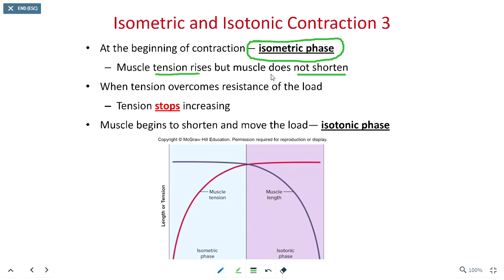However, in a short period of time, usually tension is going to overcome the resistance of the load, unless you're trying to pick up your car and you're not strong enough to pick up your car. In those situations, tension will stop increasing, and we're going to have muscles begin to shorten, assuming you're strong enough to move whatever the heck it is you're trying to move. And then you're going to be in the isotonic phase, the same tension phase.